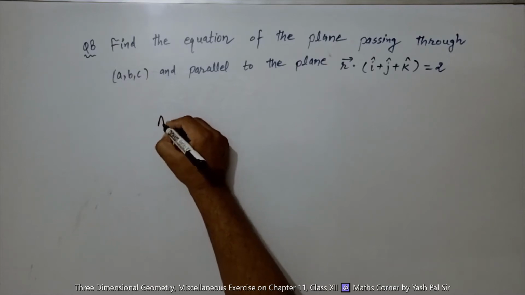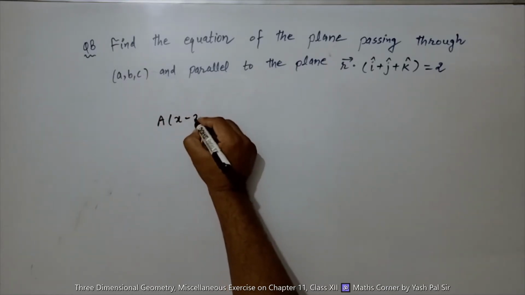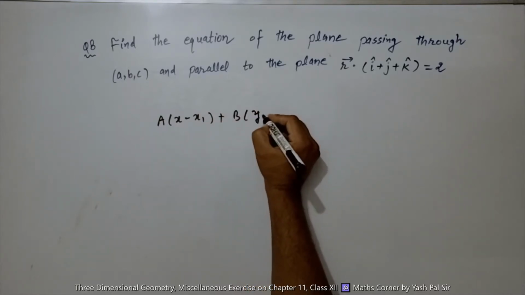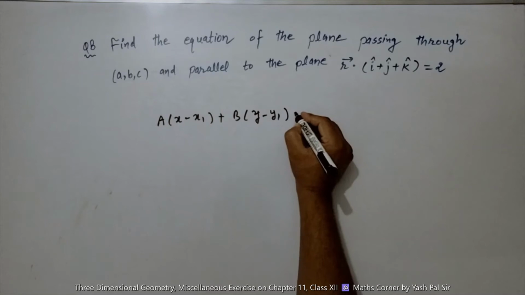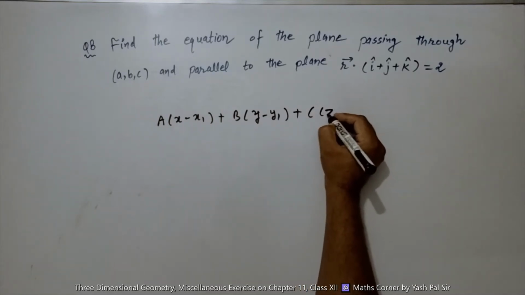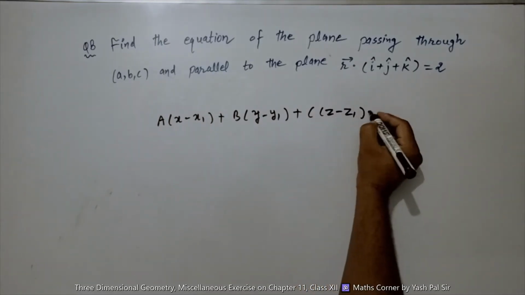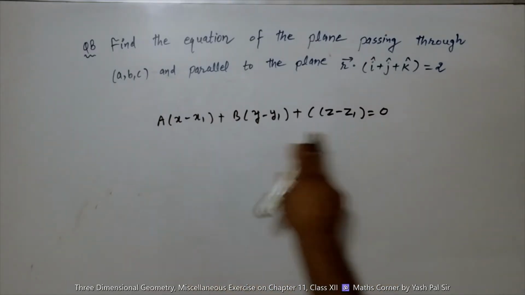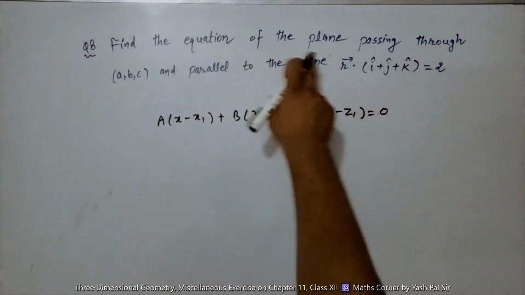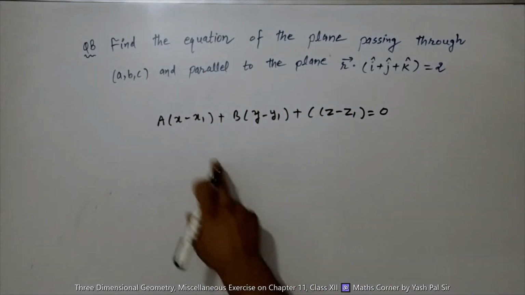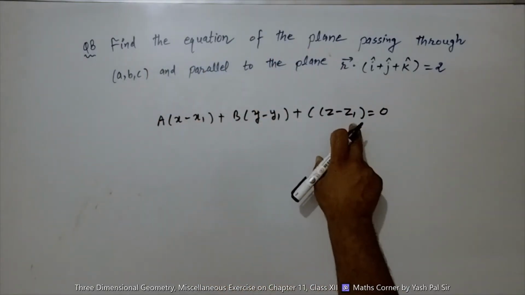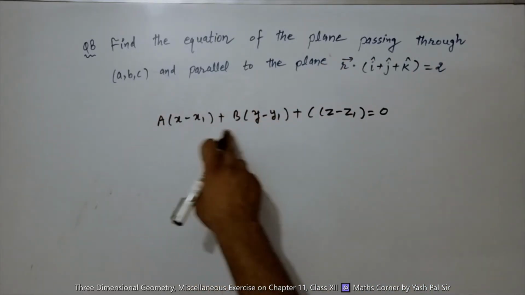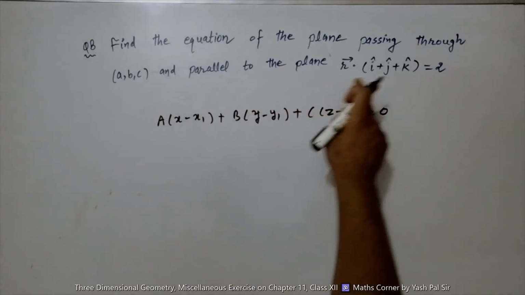Simply we know the equation a into (x minus x1) plus b into (y minus y1) plus c into (z minus z1) is equal to 0 is the general form of the plane which passes through (x1, y1, z1) and is parallel to the plane with the direction ratios a, b, c.